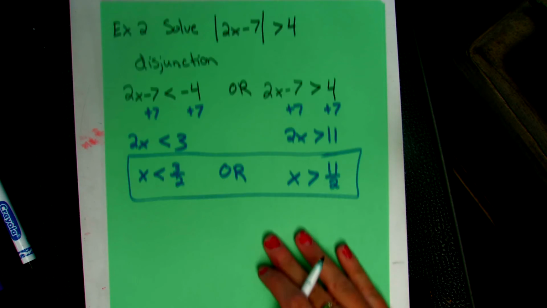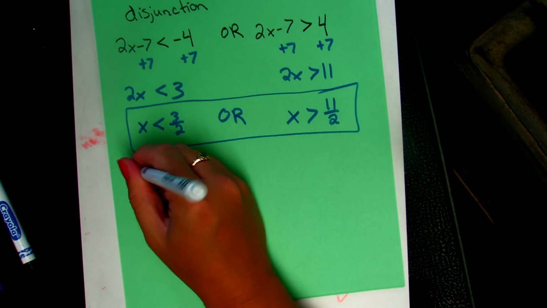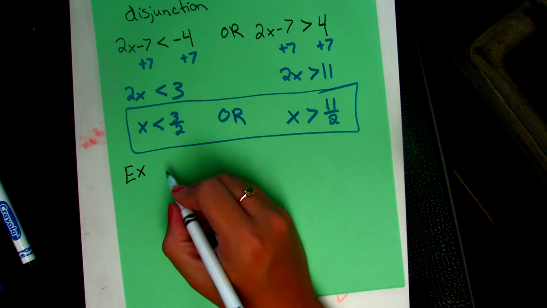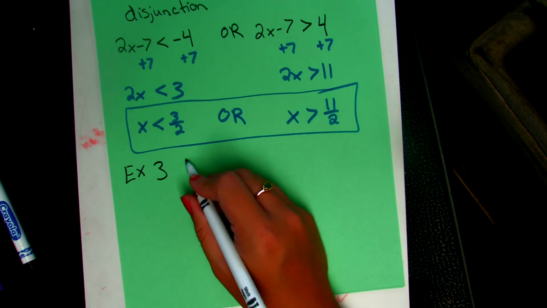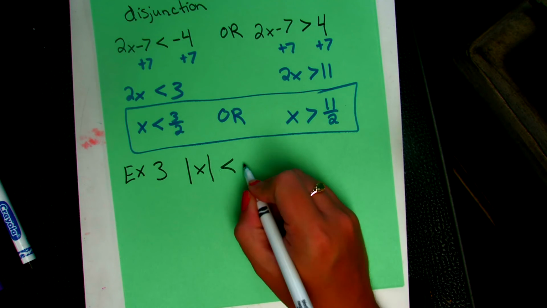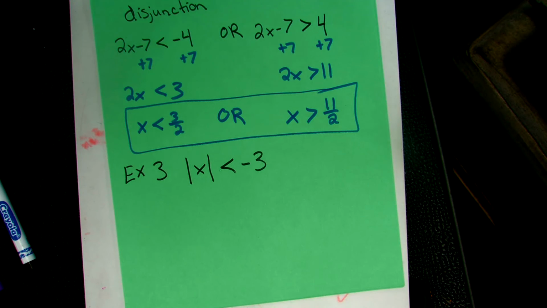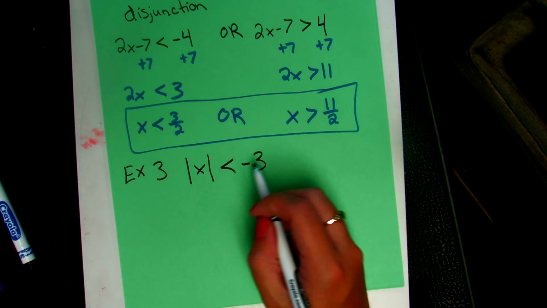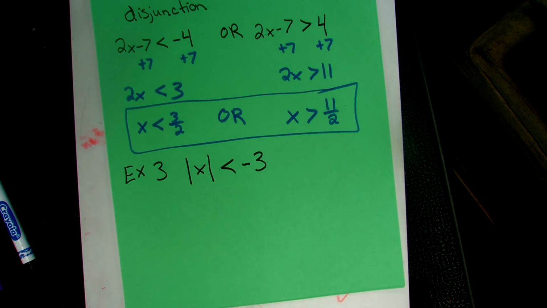Okay, let's try another one like that. Example 3. I want to solve the absolute value of x is less than negative 3. So here's my issue. When I do this, I'm saying that I have an absolute value less than a negative real number.